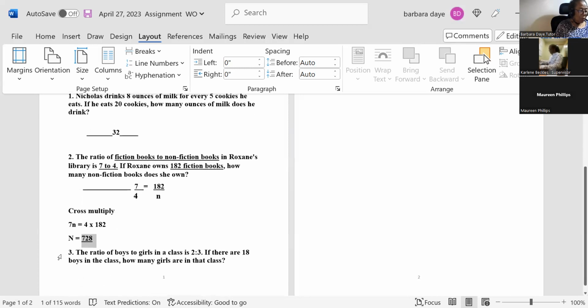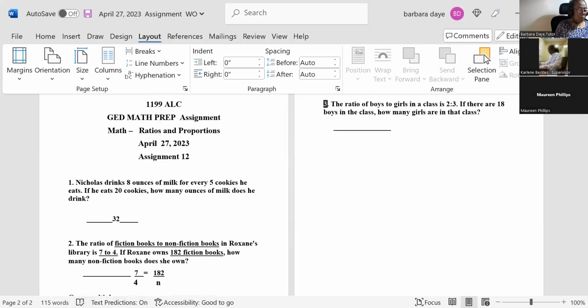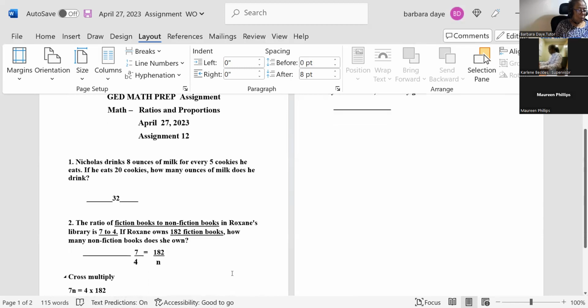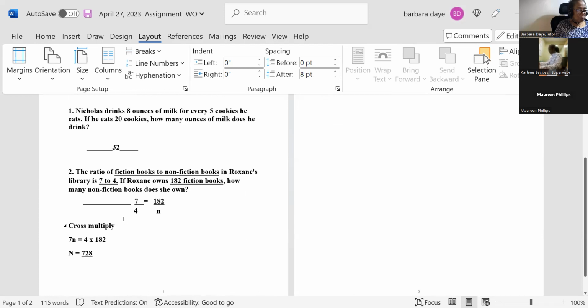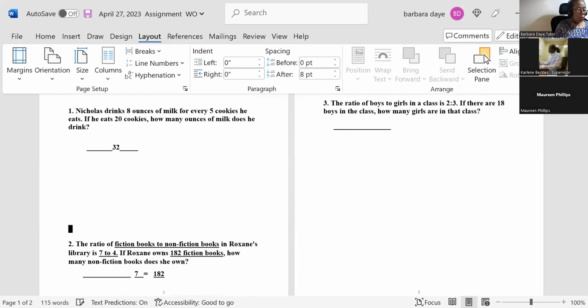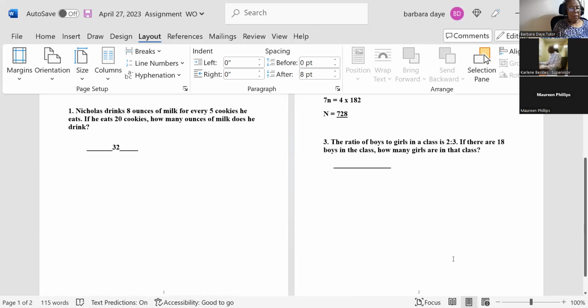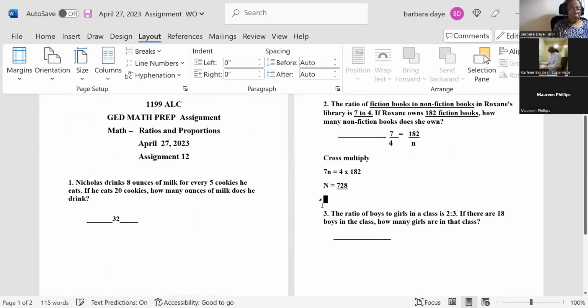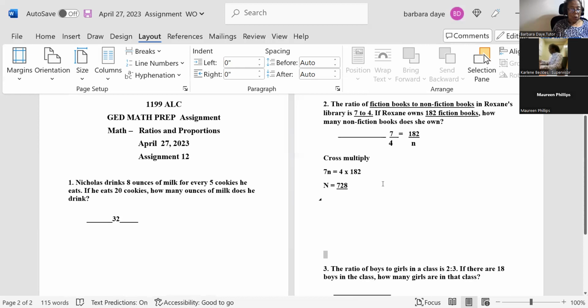Let me put this all on the other screen so we can keep it all together. So n is 728 divided by 7. And what's that equal to, Maureen? 104.